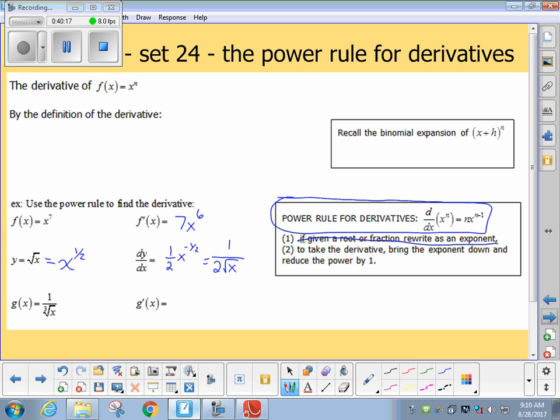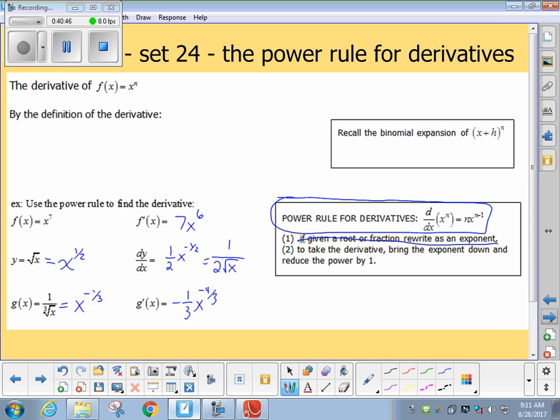What about this? If I do a rewrite on this, what is 1 over the cube root of x as an x to a power? Negative 1/3. The negative is there because it's in the denominator, and the fraction is there because it's the root. So when you take the derivative, g prime would be negative 1/3 x to the negative 4/3.